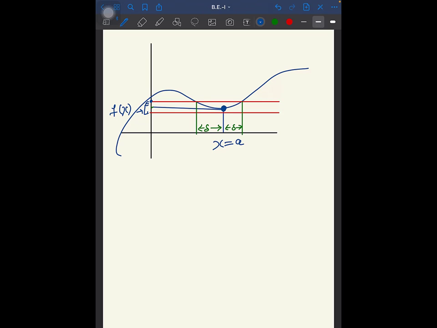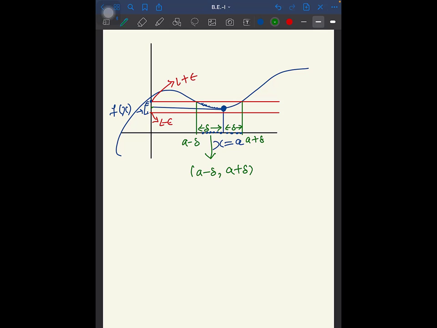So this is the line L plus epsilon, and this is L minus epsilon. No matter what value you take from a minus delta to a plus delta, these are the inputs in the interval a minus delta to a plus delta.